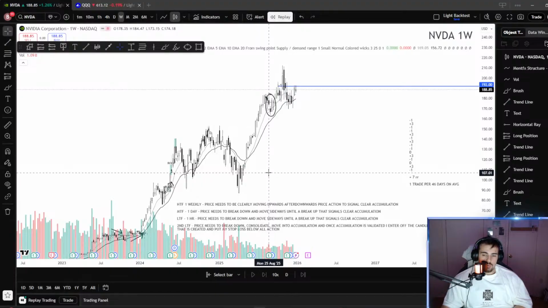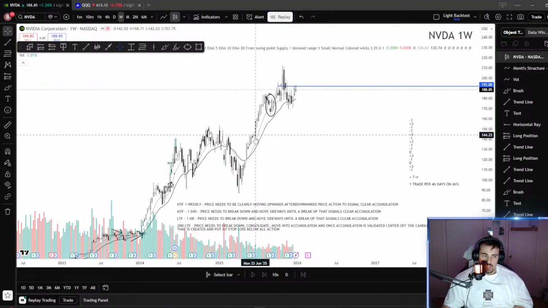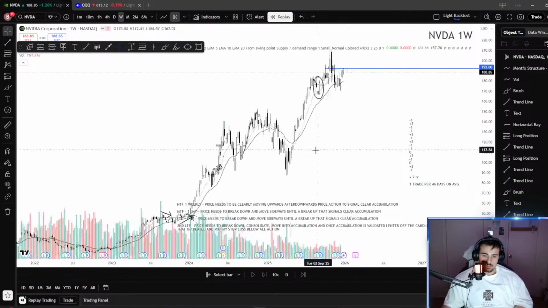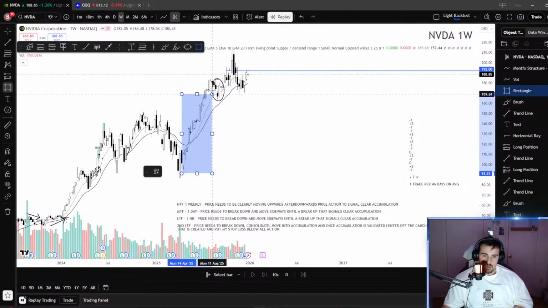Not a lot of people would be okay with missing that whole clean move. And in this clean move here, if I was trading it, there's a good chance I probably would have ended up with two, three, four more trades in this data collection. Now, the important part is I didn't. And because I didn't trade this area doesn't mean I'm wrong.